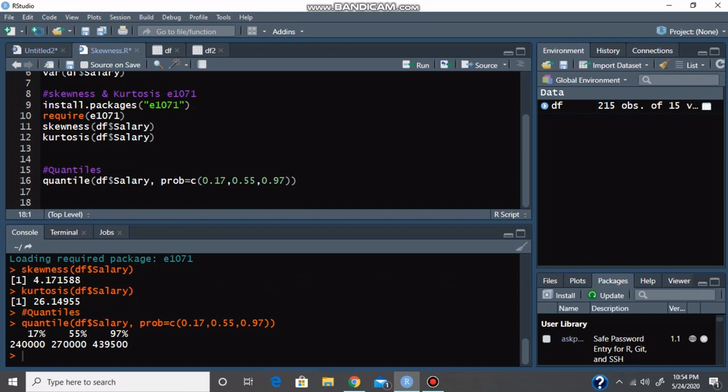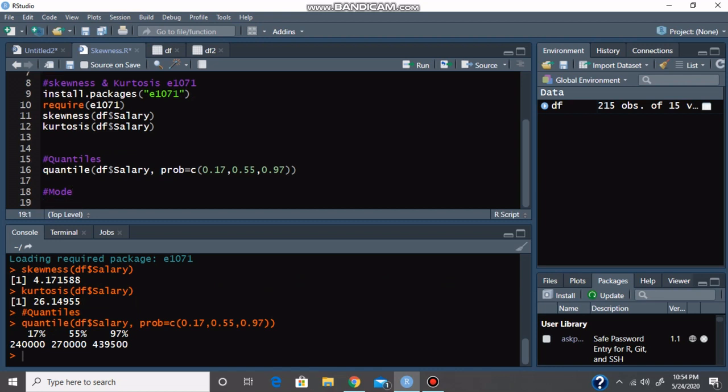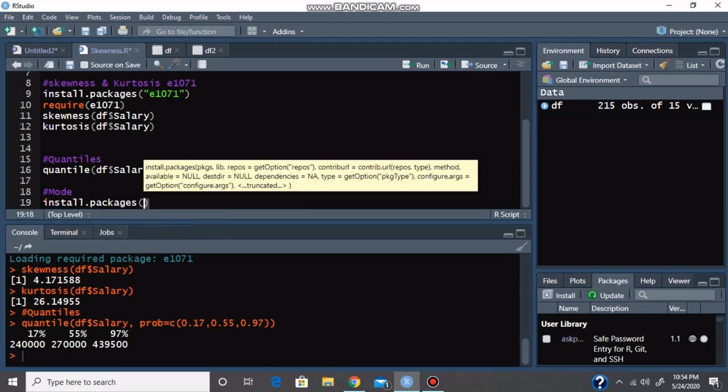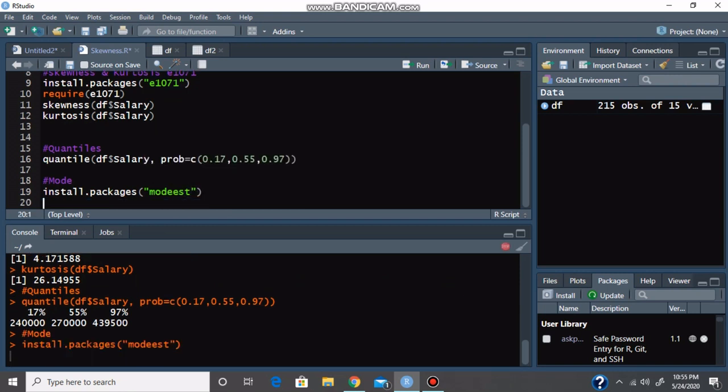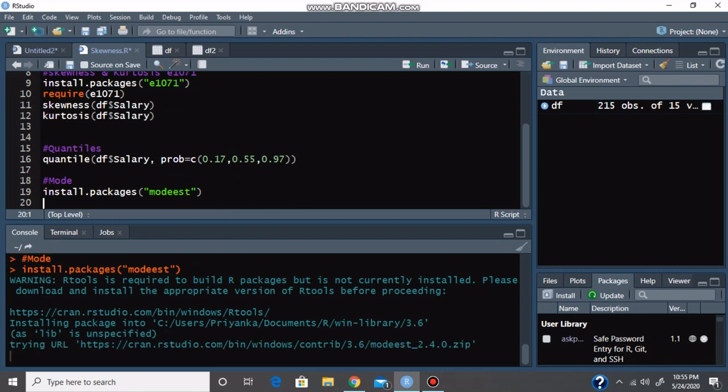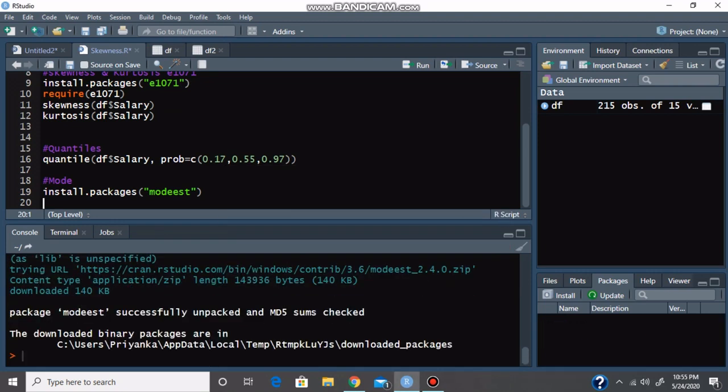So let's come to the last part of the section, that is calculating the mode. To calculate the mode, we need to first install the package modeest. So we'll do install.packages, and I'll just write the name of the package. So modeest is the name of the package, and it is unpacking. So yes, it has unpacked.